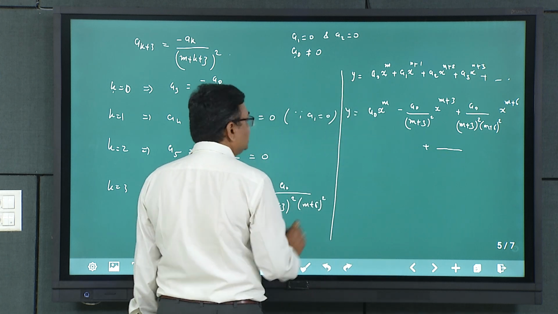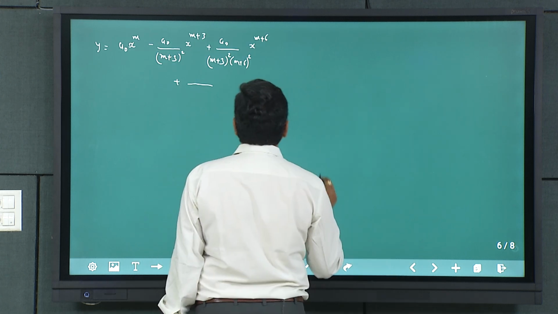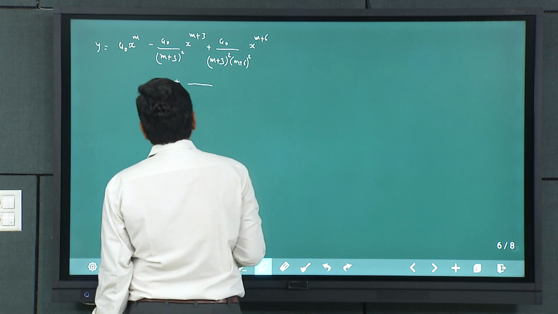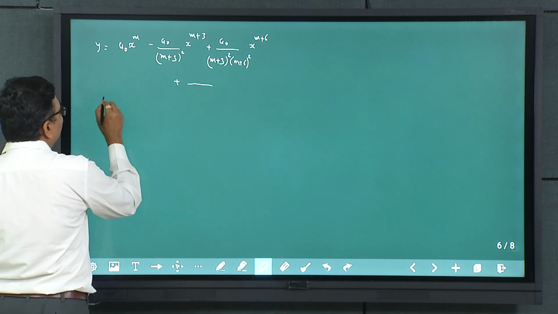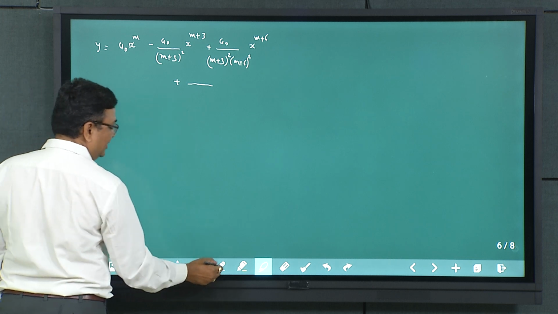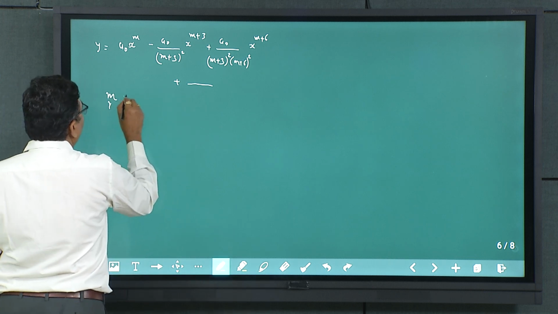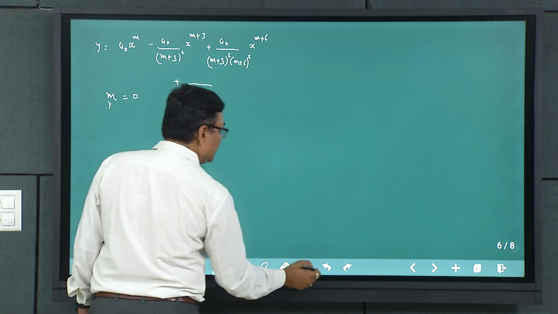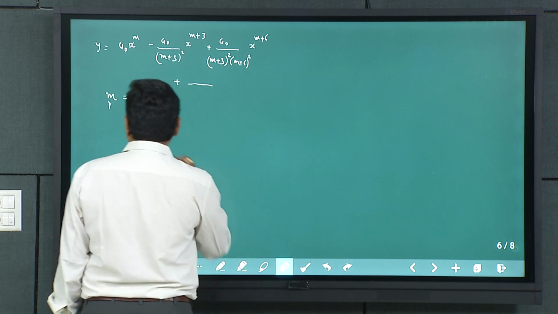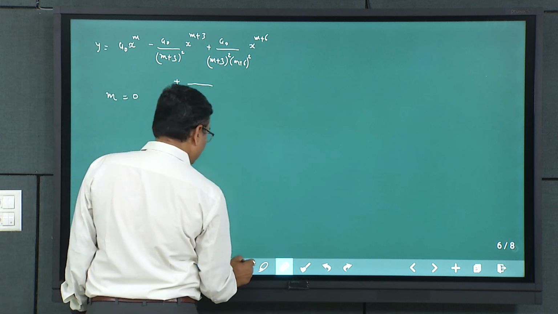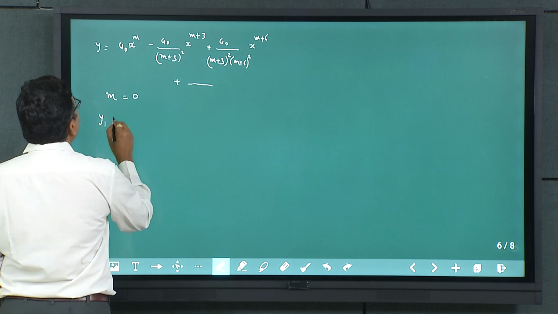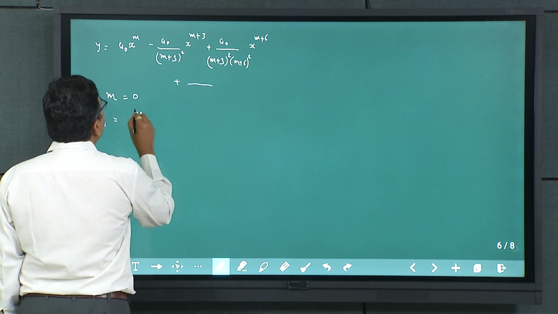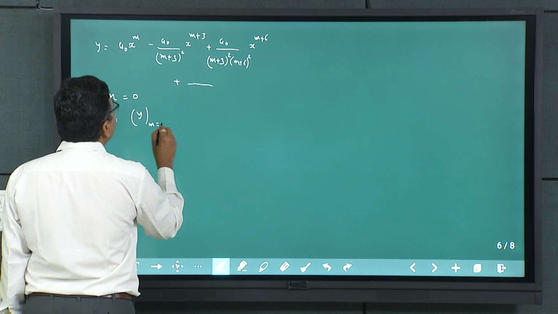Let us copy this. So what is the value of m? The value of m is 0, 0. So the value of m is 0, right. So what is my y1? My y1 is equal to y at m is equal to 0, right.